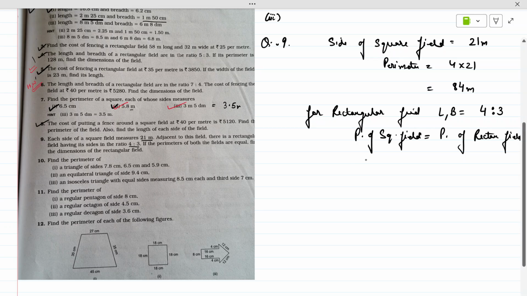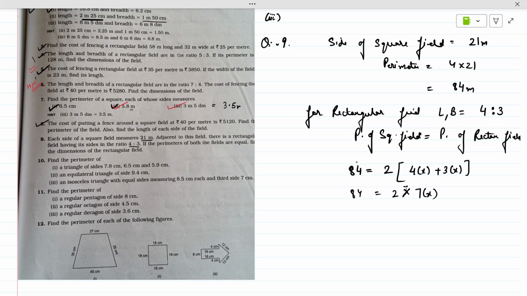That means 84, that is the perimeter of rectangular field also, and we know that the perimeter of rectangle is equal to 2 times length plus breadth. Length is 4 times x, we have done this, 3 times x, right? So this will become 2 multiply by 7x is equal to 84, right?